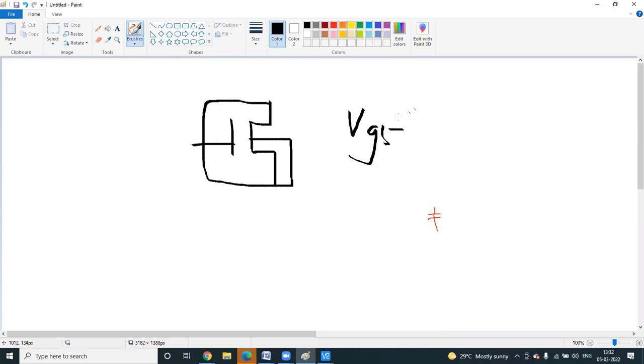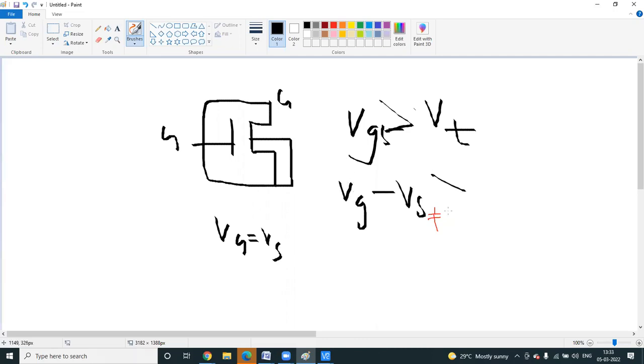VGS should be greater than VT. But your gate and source voltage are shorted. VG equals VS. VGS I can write as VG minus VS greater than VT. So if both voltages are the same, it is 0. 0 will never be greater than VT. Okay, so this is your cut off region.